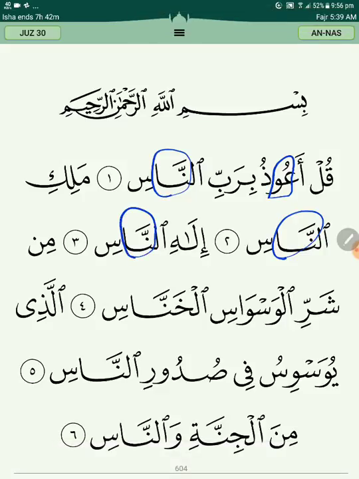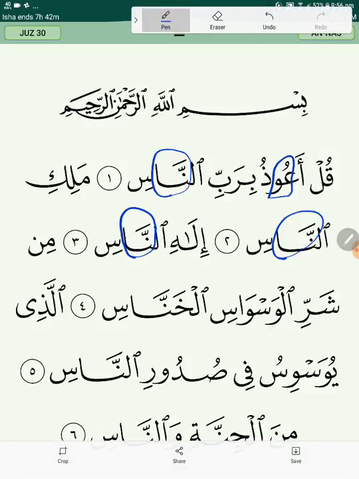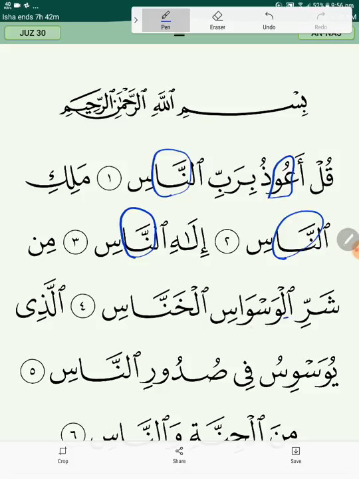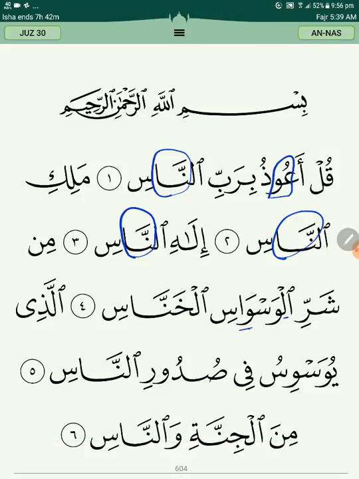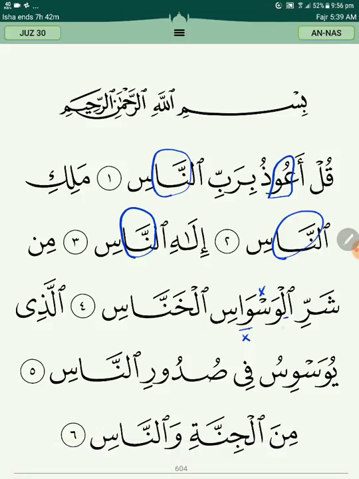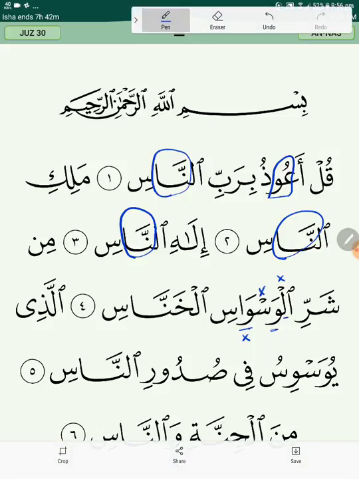Now here we have the waw, here also we have the waw, but one condition is fulfilled, that we have the mud letter, but the other condition is it does not have a sukoon on it. Neither does the letter preceding it have a dhamma or a pesh on it. This waw also does not have a sukoon, and the letter preceding it also does not have a dhamma over it. So this is not madul asli.